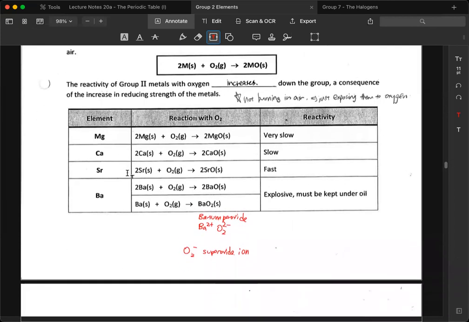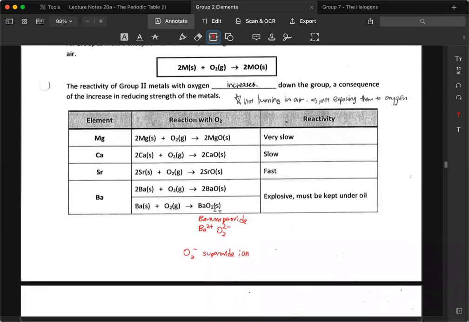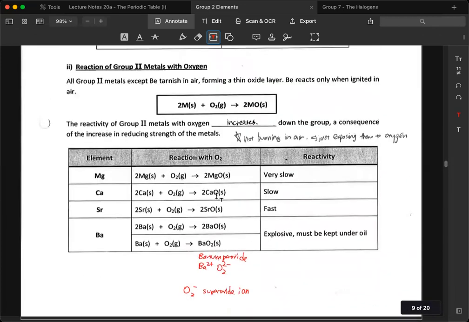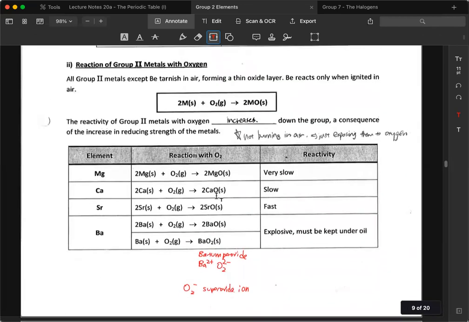They do react with water to form oxides, and the reactivity increases as shown by the observation: very slow, slow, fast, explosive.